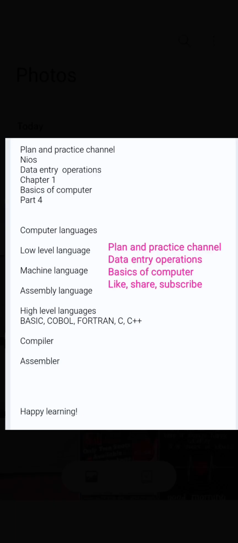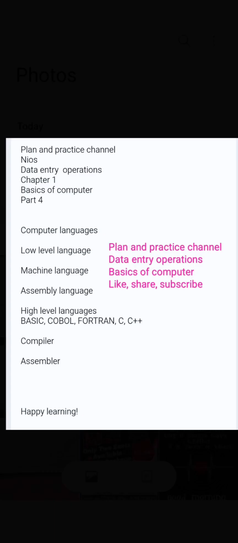Hence, to make the machine understand the instructions provided by both languages, a compiler and an assembler are required to convert these instructions into machine language. The high level language is understandable to the users, but difficult for the machine. So a compiler is used to convert this language into machine language. Similarly, an assembler is also used.